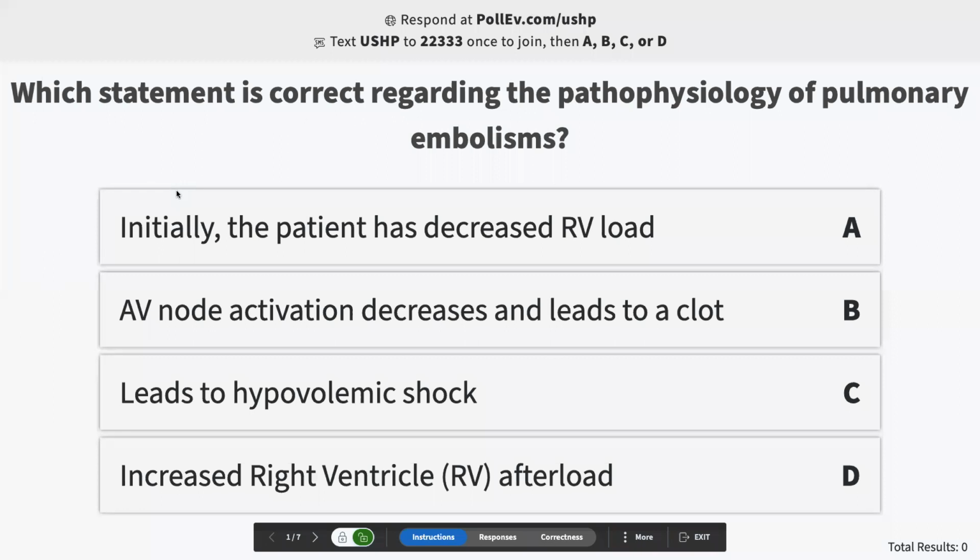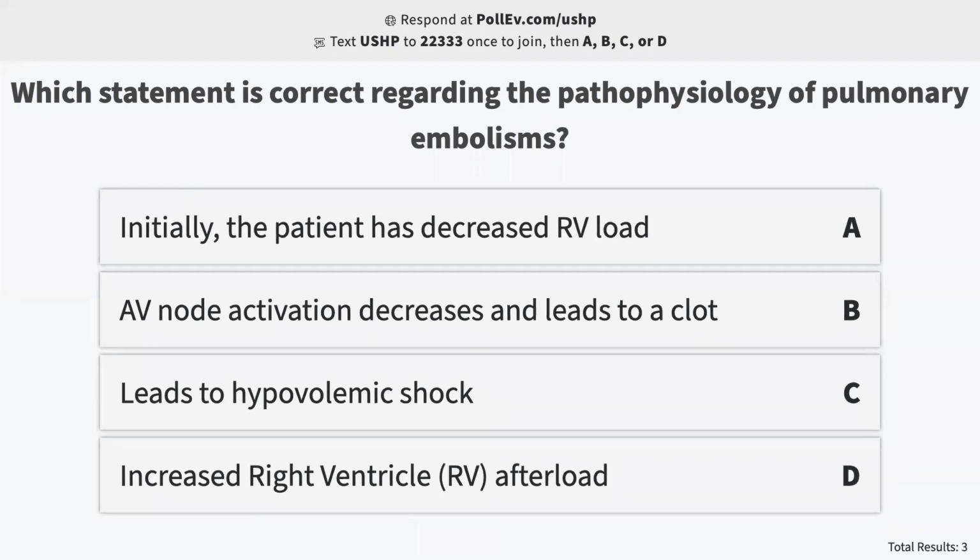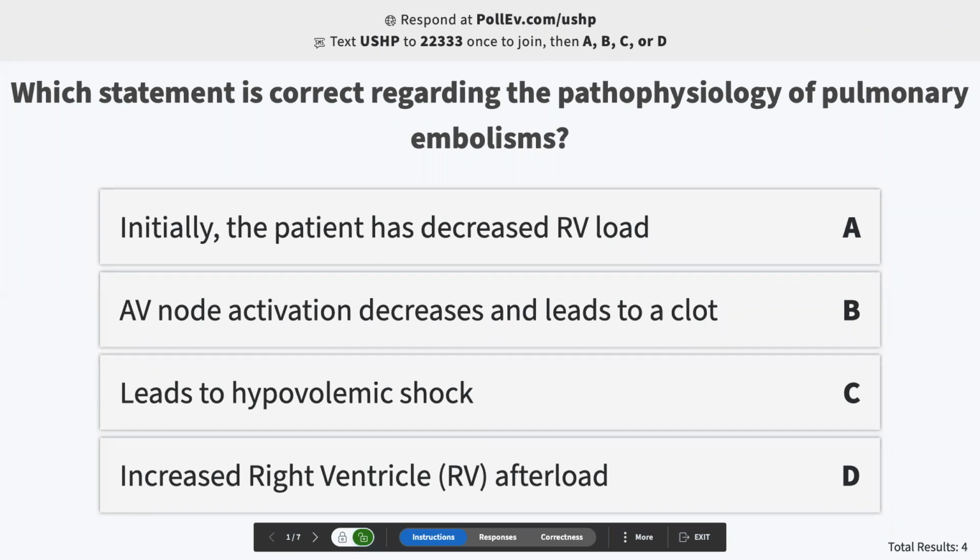Or D, increased right ventricular afterload. I'll give it just a second longer.